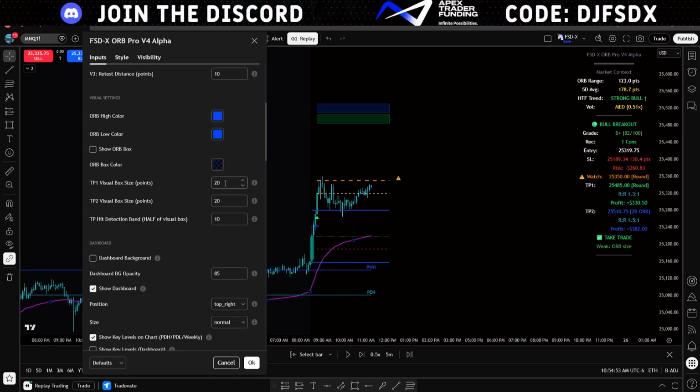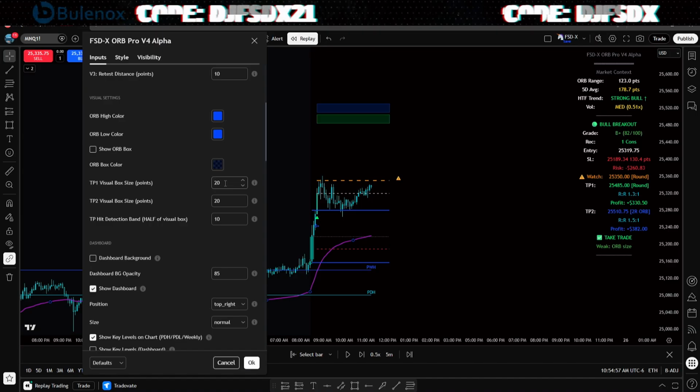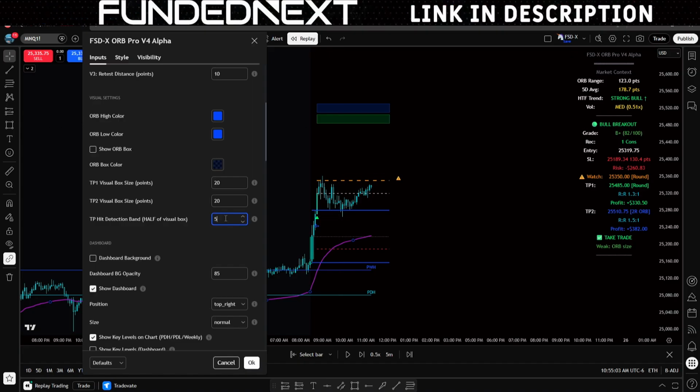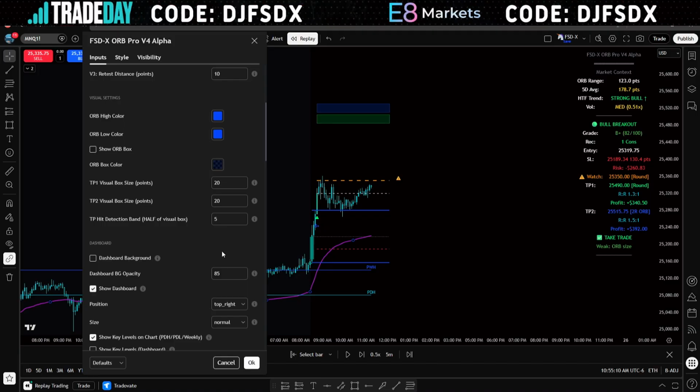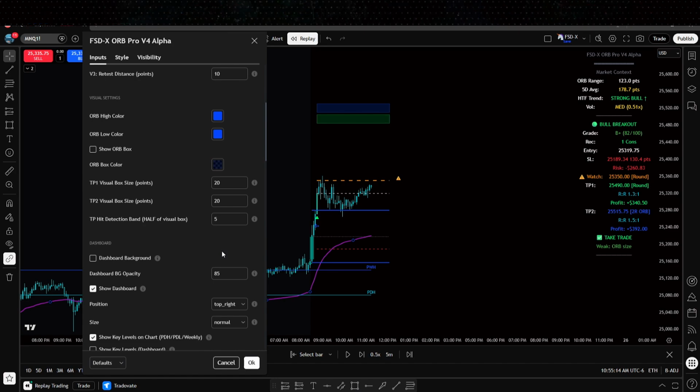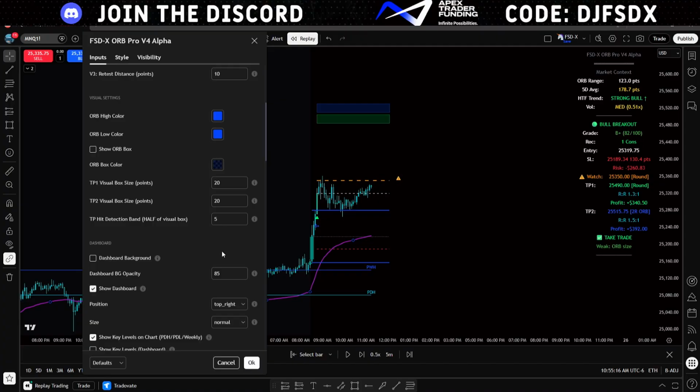The TP box is 20 points in total, so 10 points is half. That would put the line here. If we were to adjust this to 5, keeping the boxes the same, it would now change where it would detect the exit.